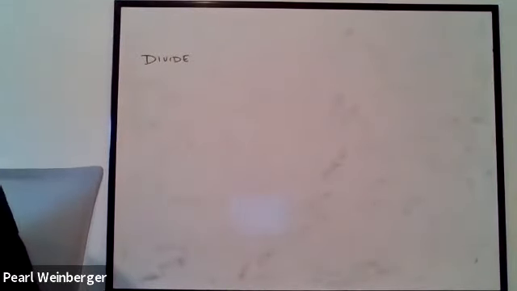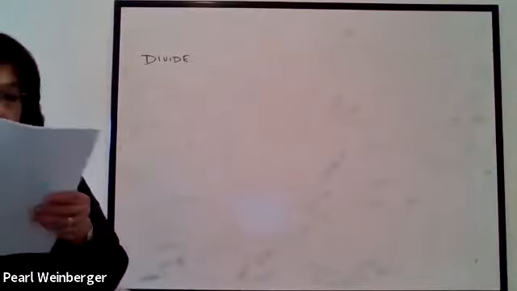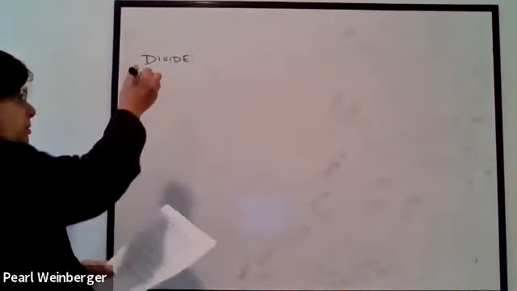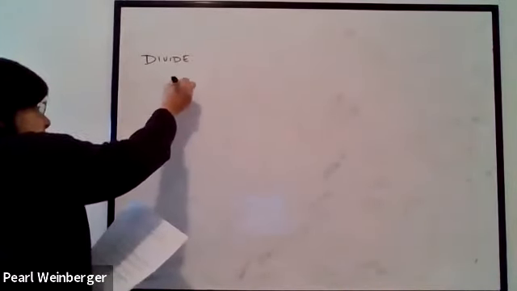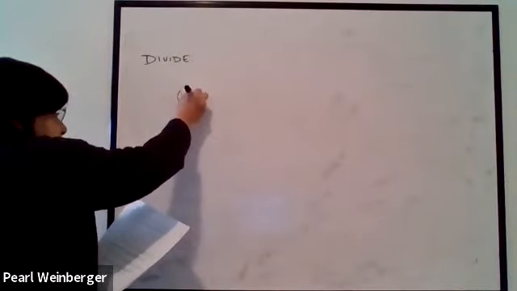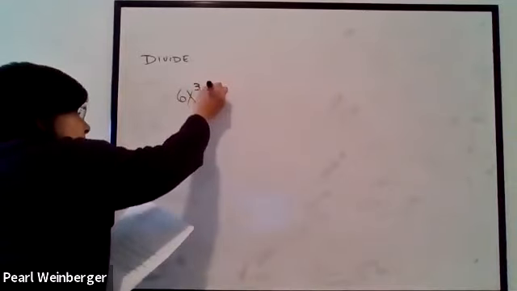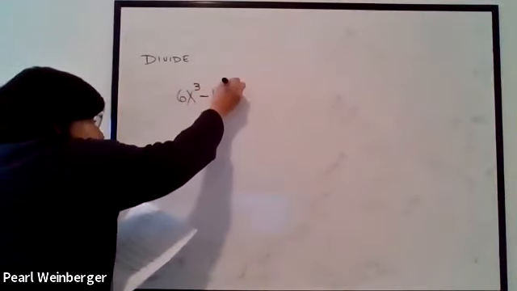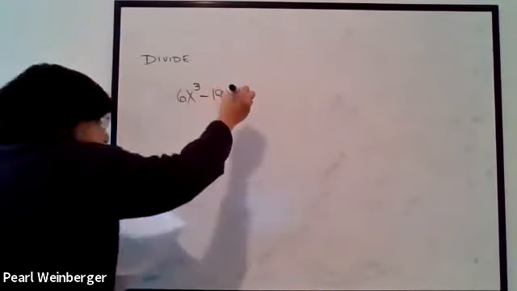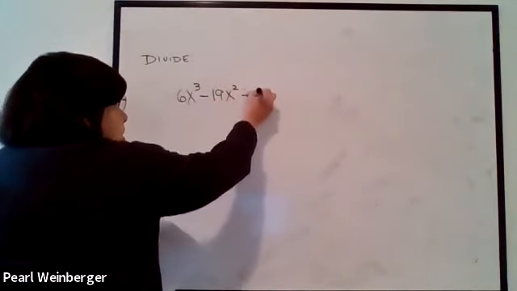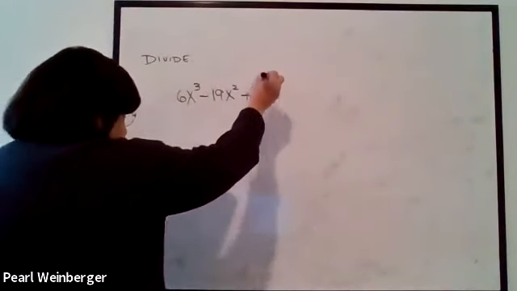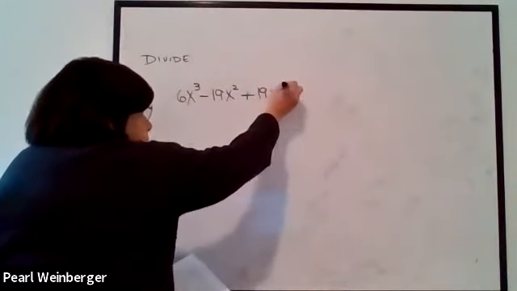So let's look at an example like this. Suppose we want to divide the polynomial 6x cubed minus 19x squared plus 19x minus 2.